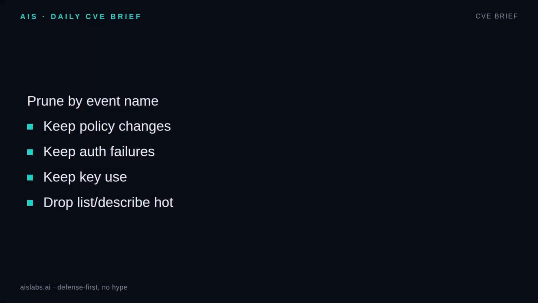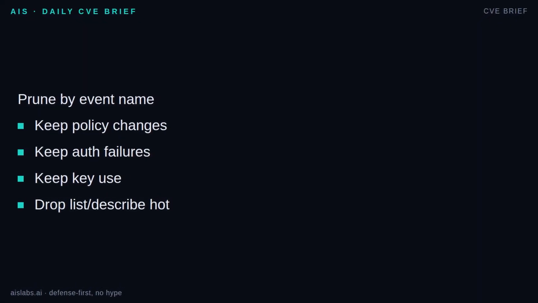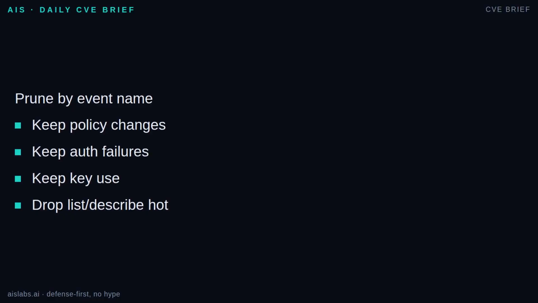A SOC had a noisy cloud audit source feeding the SIEM. Their top event names were all read-only inventory calls. They kept seeing millions of describe and list events from automation. We built a pruning table by event name. Keep: create user, delete user, attach policy, update role trust, create access key, delete access key, login failure, assume role failure, disable logging, update key policy, decrypt, and generate data key for sensitive key stores.